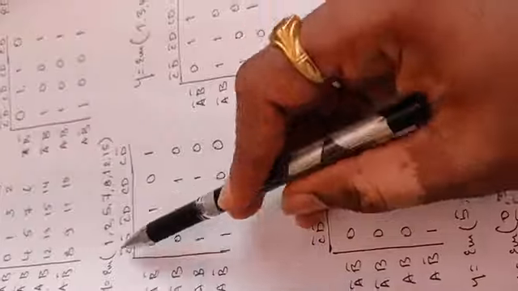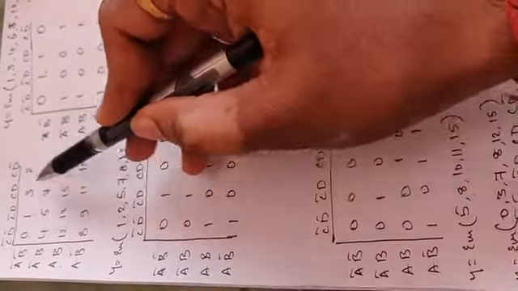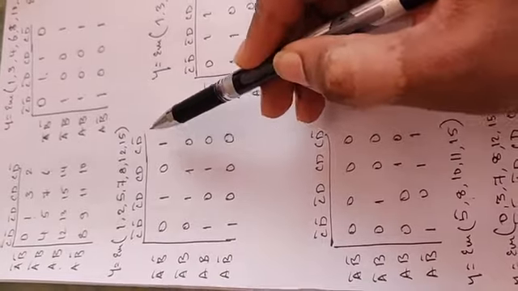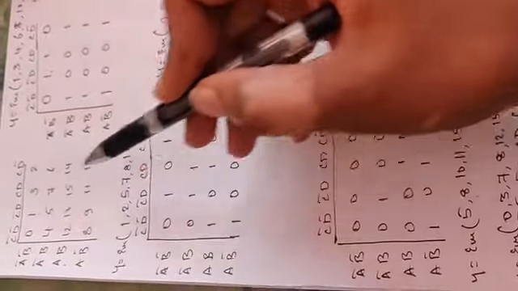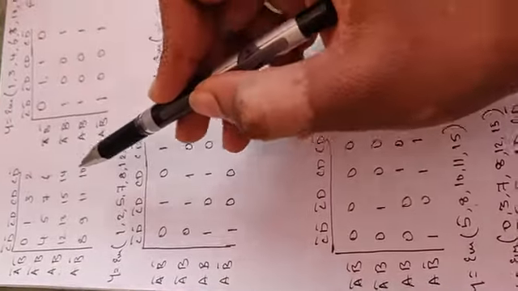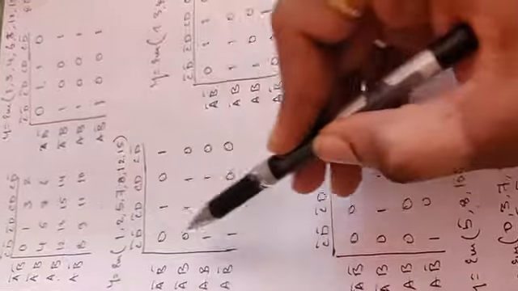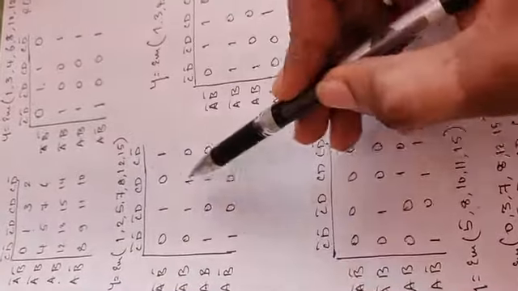Similarly, I'll go with the remaining ones. 1, where is it? 1 is here, put 1. 2, here it is, I have added 1. 5, here it is. 7, here it is. Then 8, here it is. 12, here it is. 15, here it is.